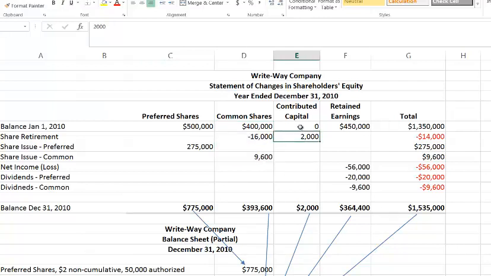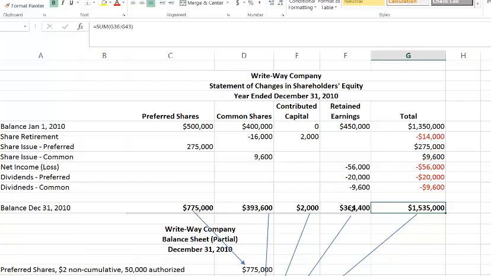I only have contributed capital of 2,000. When I add up all these here, I get 364.4, and when I add all these up, I should get 1,535,000, which is the same as if I added this row across.